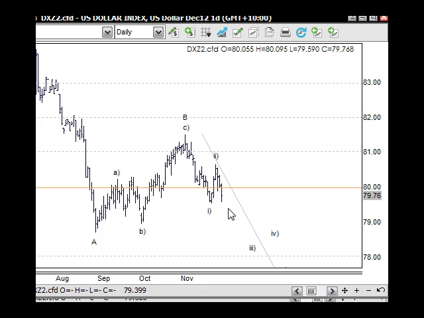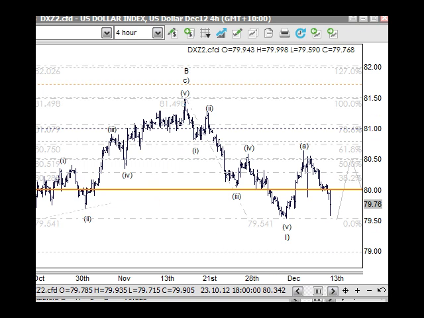So we're monitoring this particular move down through here, and as this unfolds in 5 waves down through here, then we would be looking at a little wave 1 to here, wave 2 to there, wave 3, 4 and 5 for wave 3. So we're monitoring that as well, and that's certainly on the case as well. So that would put the euro the same thing to the flip side as well. So let's just have a little closer look at that situation there.